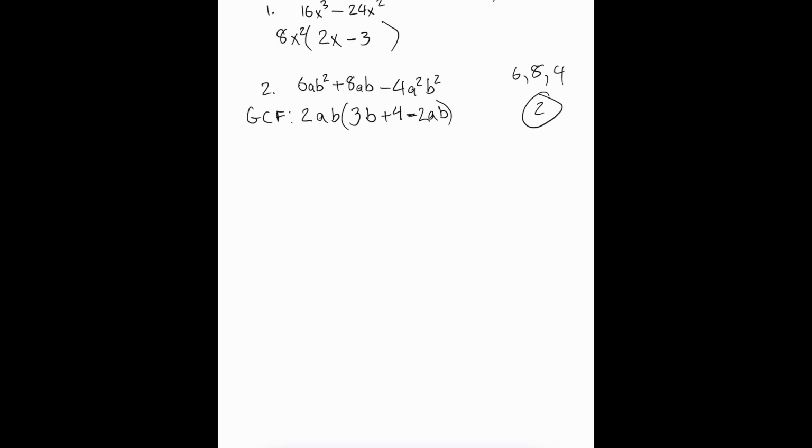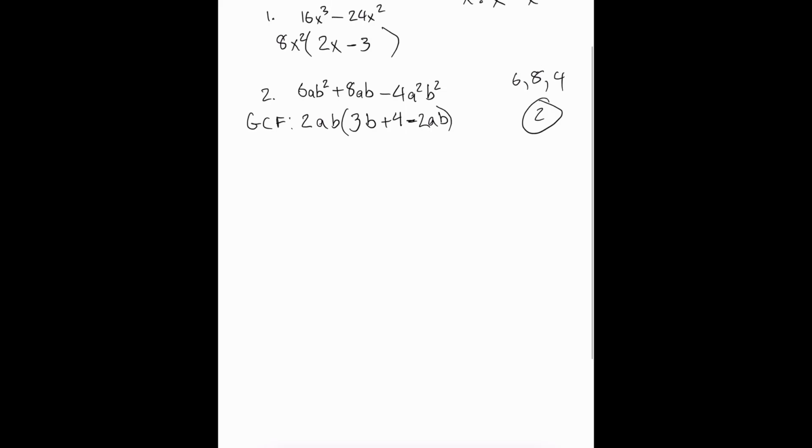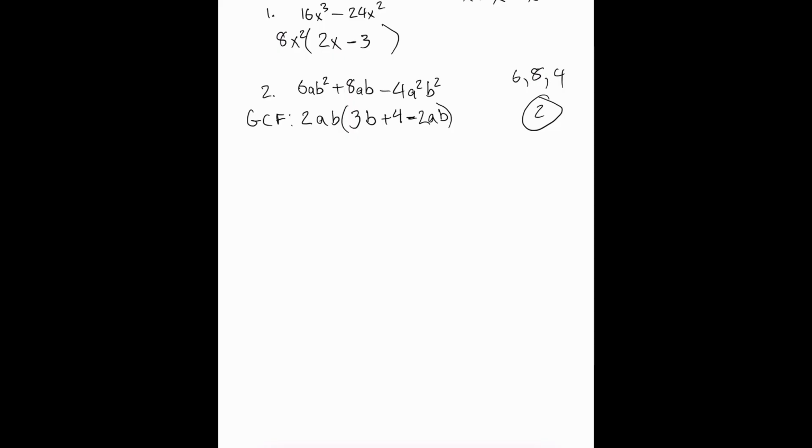Now, a good thing to check, which I should have mentioned in question 1, if you ever want to see if you factored correctly, a good fail-safe if you're in a test and you have time, is to multiply these two terms and distribute them, and you should get back your original question.